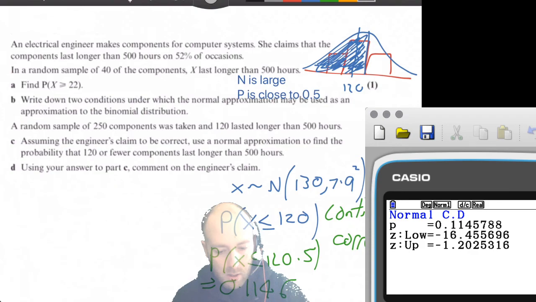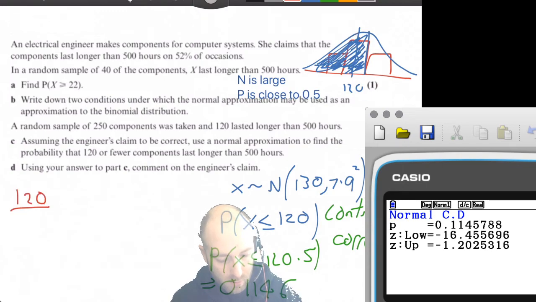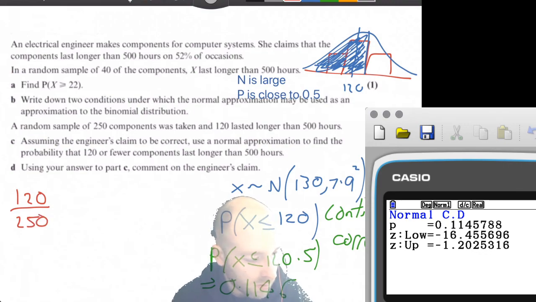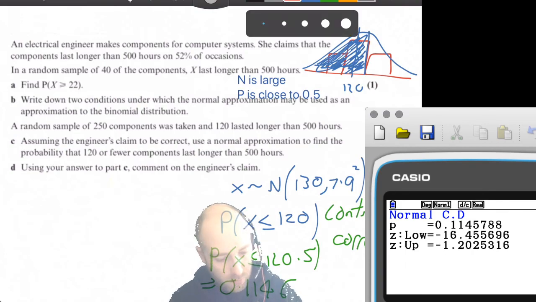So let's actually work that out. So 120 out of 250 is 0.48. Yeah, okay, that's close to what she said. We found it's only 11.46.